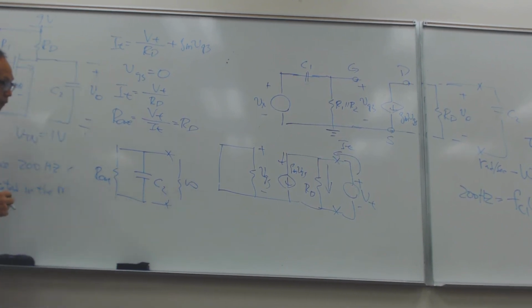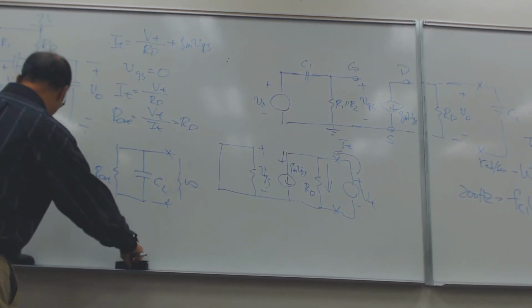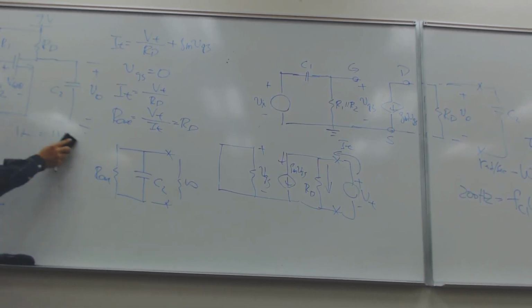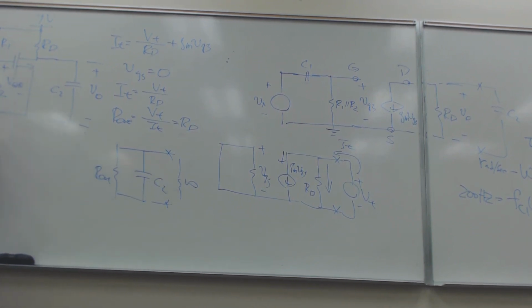So tau associated with C sub 2, tau C2, is equal to C2 times these two in parallel, R out in parallel with infinity, so equal to C2 R out, which is C2 RD. Yes?